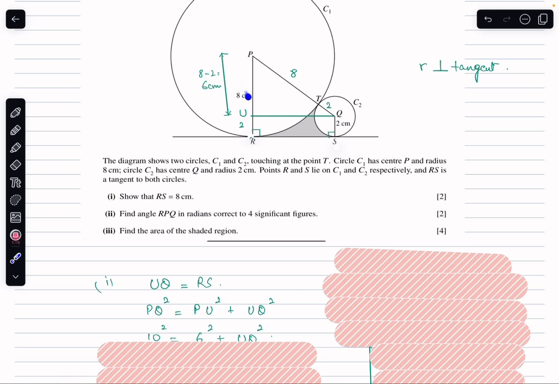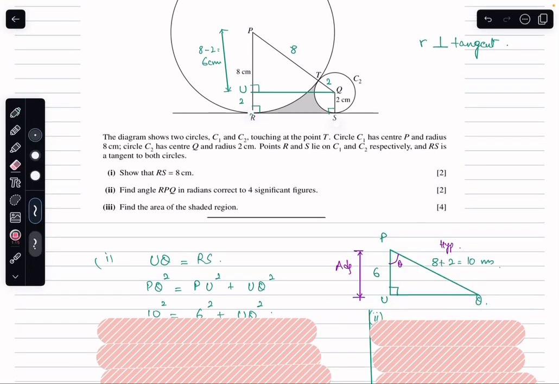So if we look at the triangle PUQ, then PU, the perpendicular here, shall be equal to 6 centimeters.